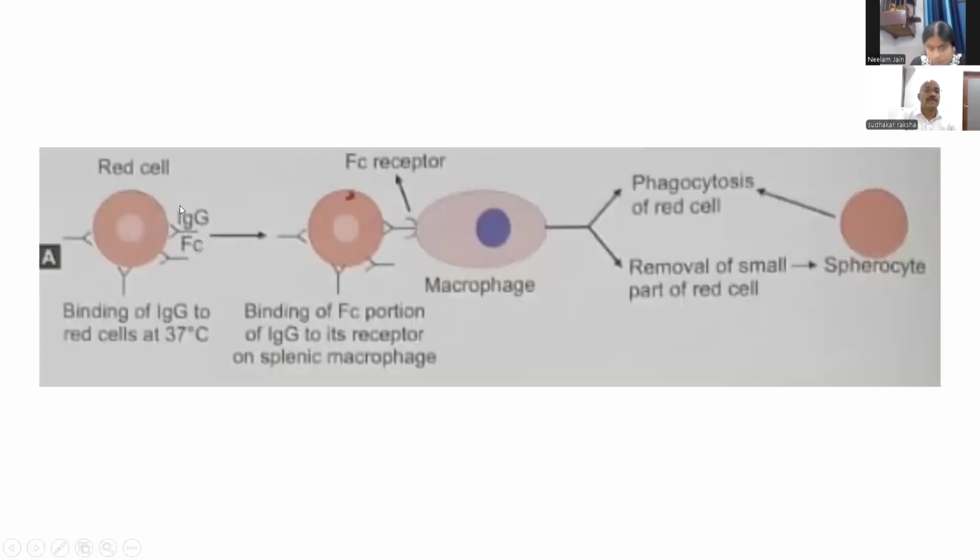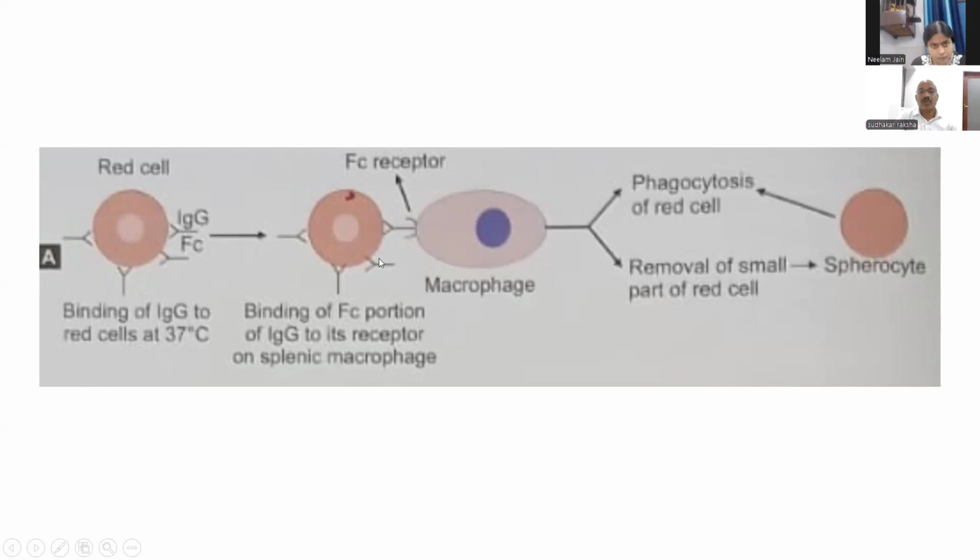So here you can see, this is the RBC. So the RBC are coated with the autoantibodies to the antigens on the red cell surface. The antibodies are formed. So these antibodies are coated on the red cell surface.